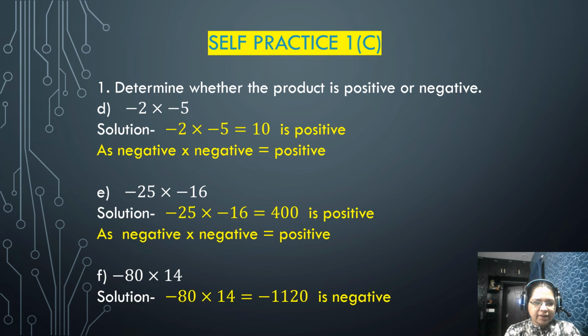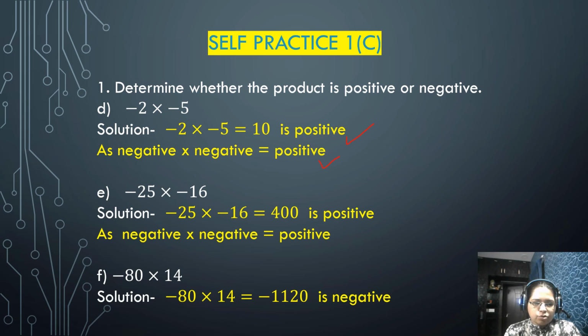Now D, minus 2 multiplied by minus 5. Both are negative integers. First we multiply the integers without sign. 2 multiplied by 5 is 10, and minus multiplied with minus, we get plus. So minus 2 multiplied by minus 5 is plus 10. As we know, negative multiplied by negative, we get positive integer.